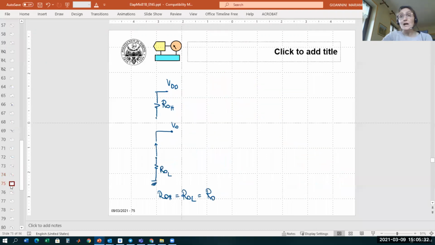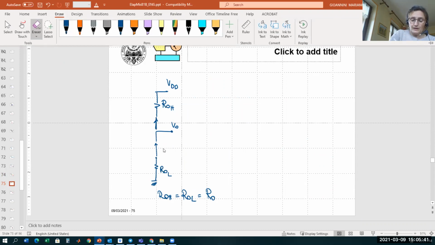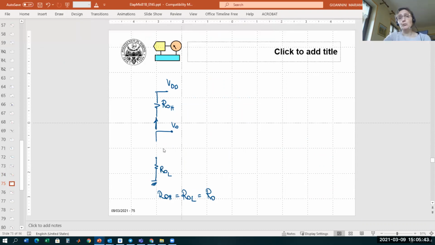Therefore, we assume that instantaneously this switch closes and this switch opens. We assume that this is instantaneous, right? We neglect the transient of the commutation of the MOS because this transient is extremely fast and therefore it can be negligible, right?